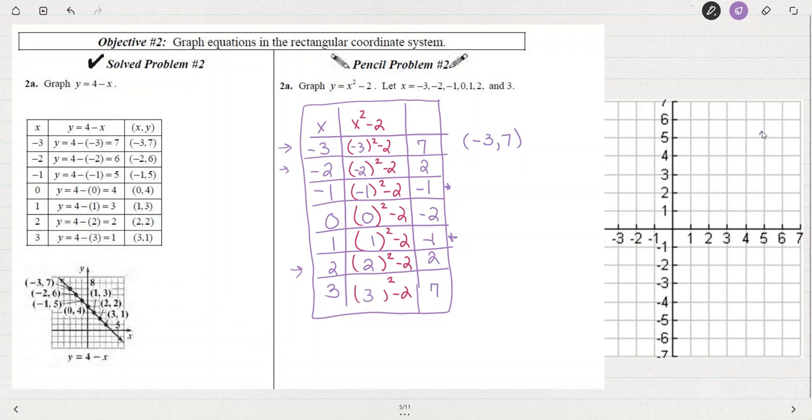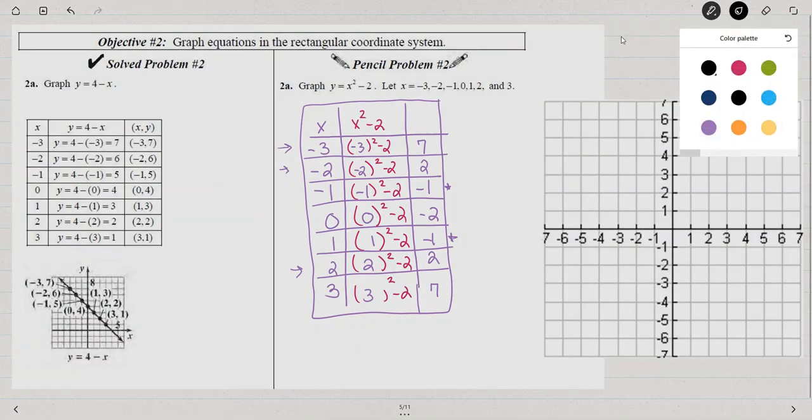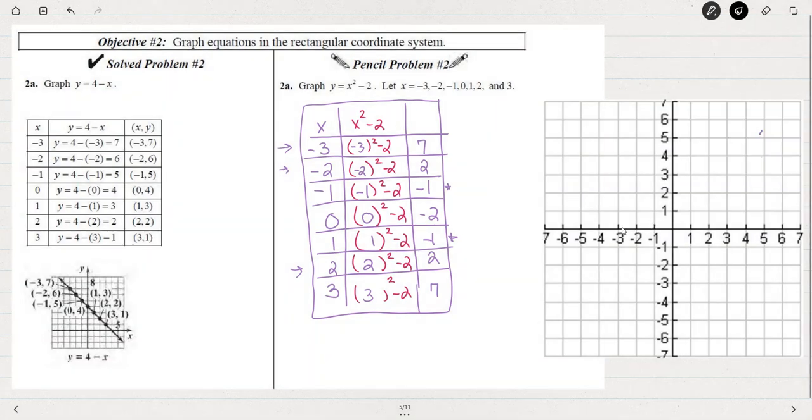When I plot these points on the xy axis, I would get negative 3, positive 7, negative 2, positive 2, negative 1, negative 1, 0, negative 2, and so on.